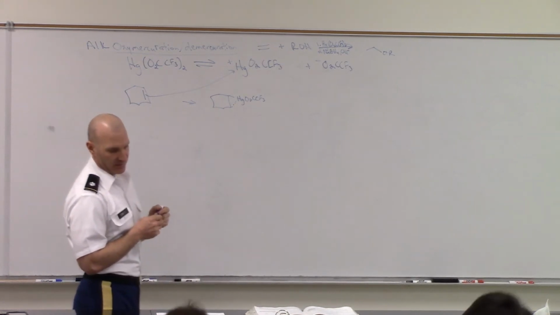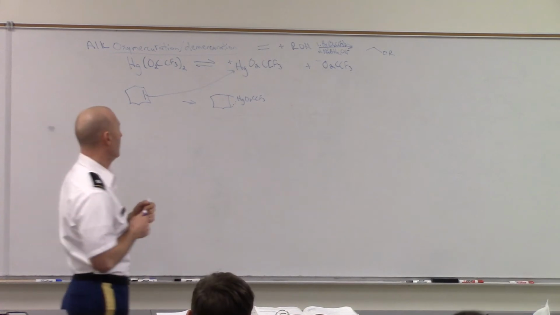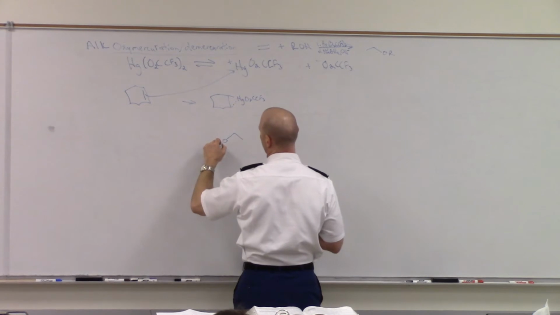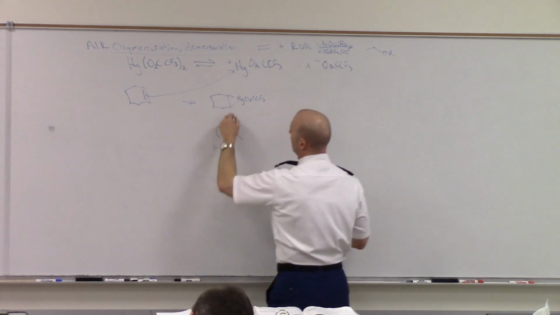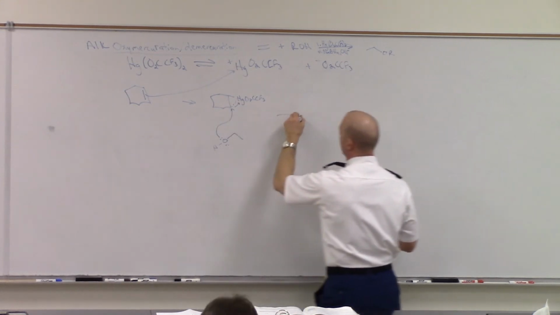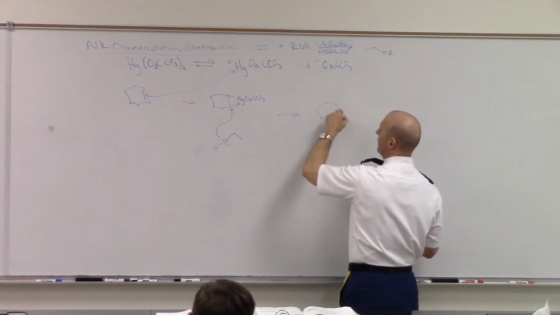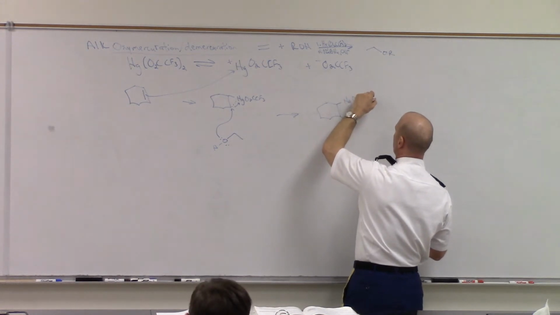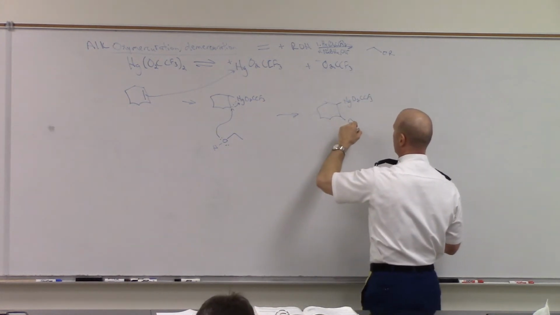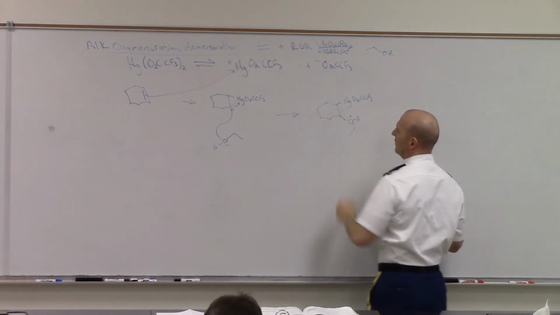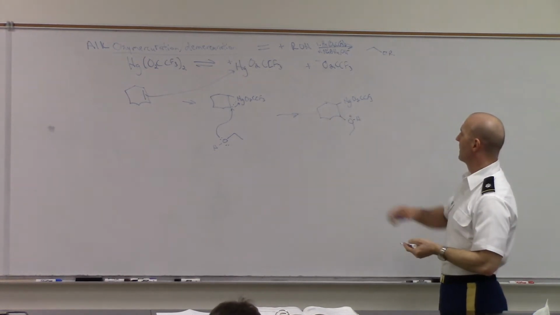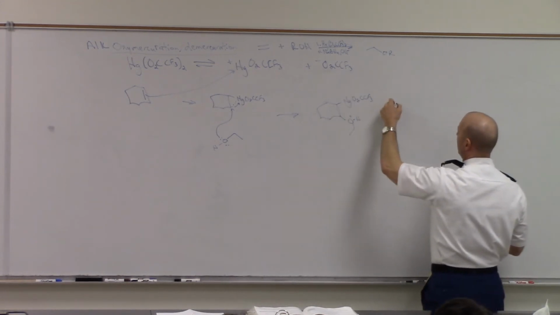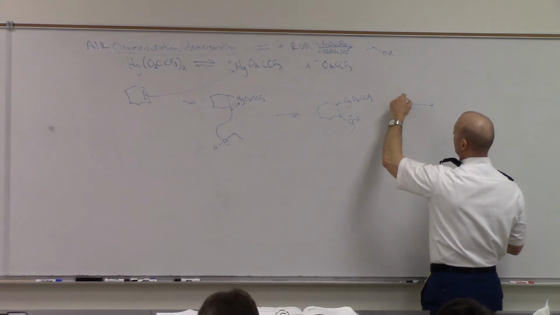Once we have that combination, the alcohol can come in, whatever our alcohol is, and attack and kick that off. Then we use, as we did the first semester, sodium borohydride, and we don't necessarily show you the magic behind it.